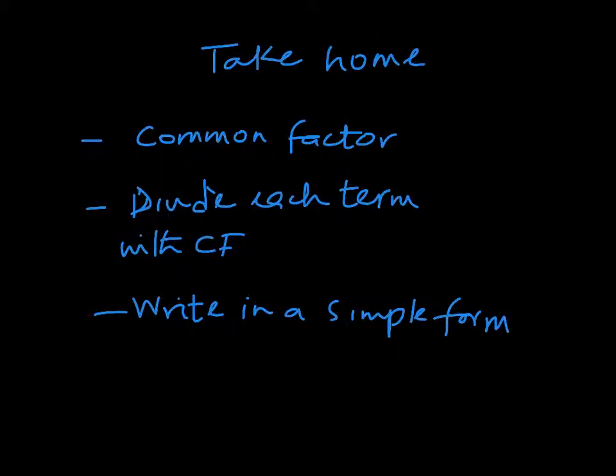So essentially you need to remember how to find the common factor, and don't forget to divide each term, even if they are fractions, with a common factor and write in a simple form. That's it on factorization of algebraic expression part 3. Thank you for watching.